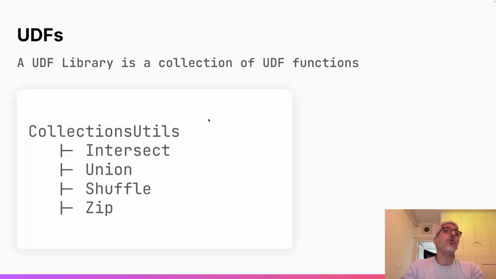In this example, we have the collection utils UDF library, and within it there are 4 different UDF functions: intersect, union, shuffle, and zip. So that's the way FalkorDB manages and structures UDFs.